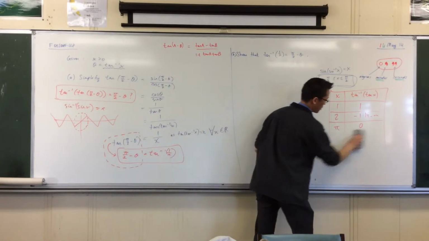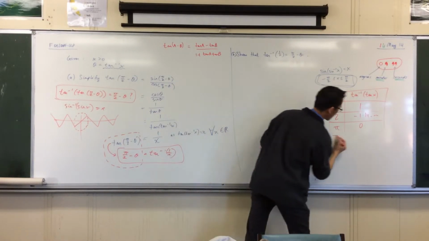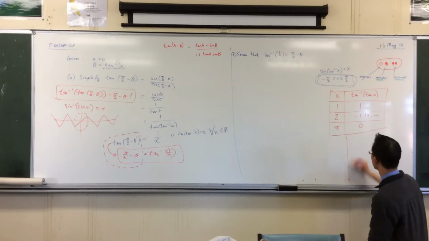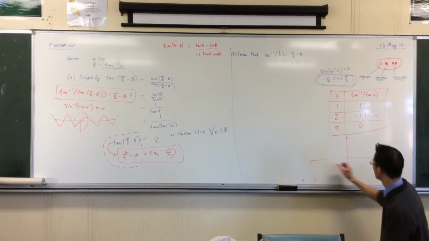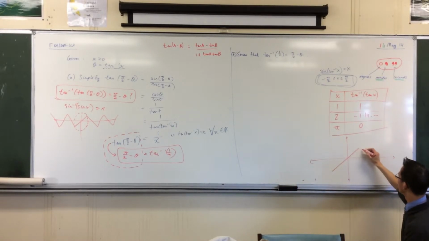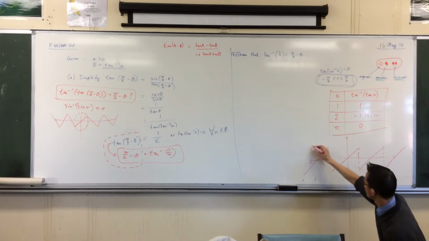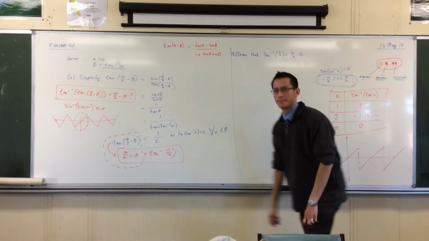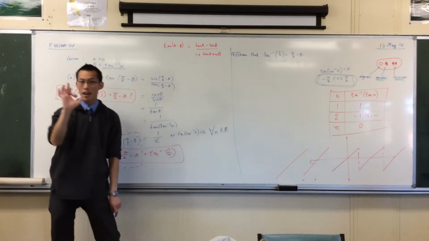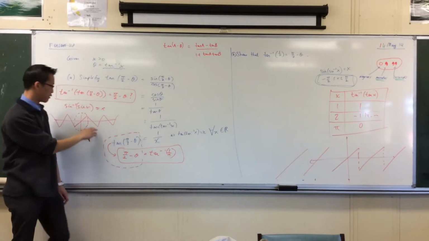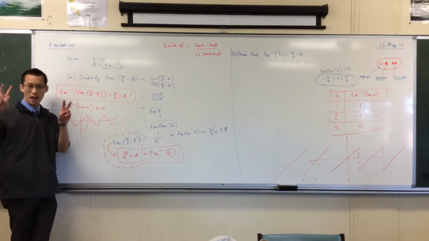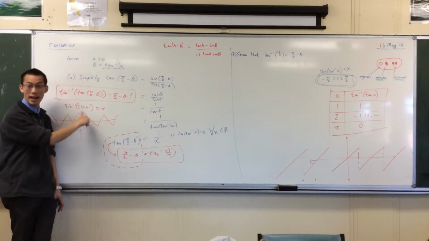I'll save you some time. I'll draw you what tan inverse of tan x looks like. It roughly looks like this. It's kind of weird. In fact, do you remember what happened over here? We kind of got a straightened out version of sine, didn't we?